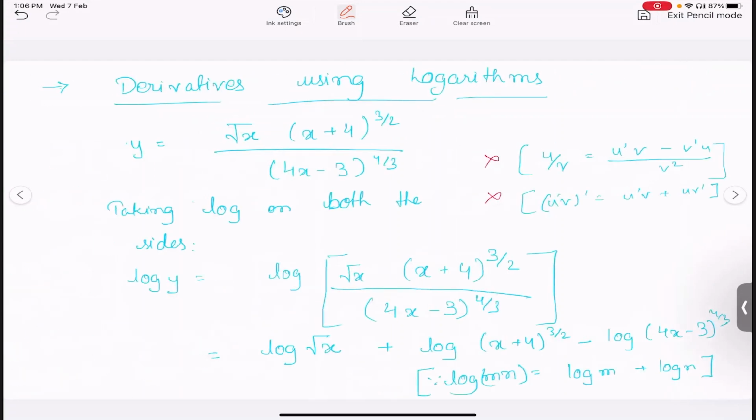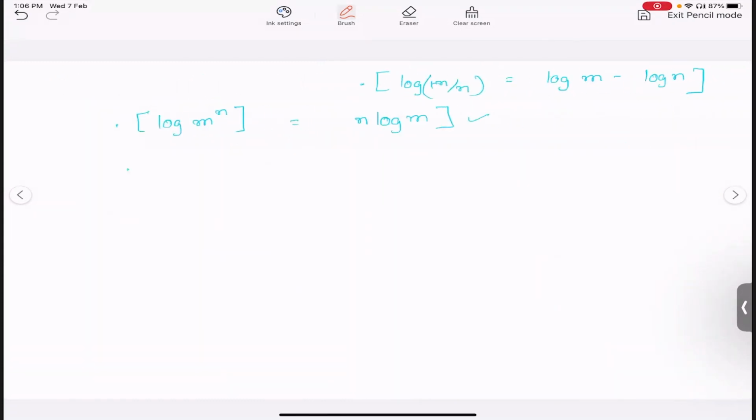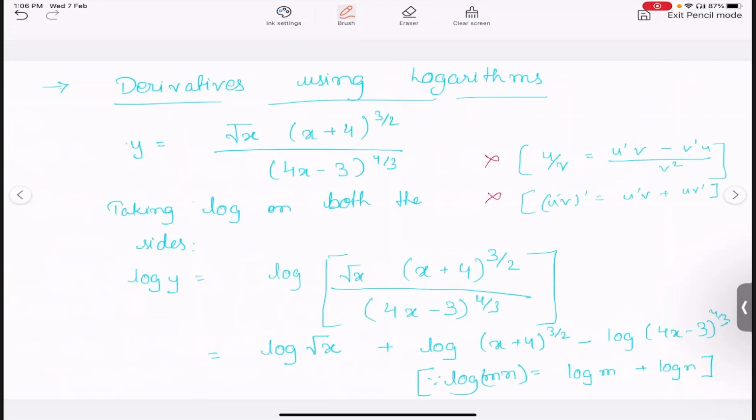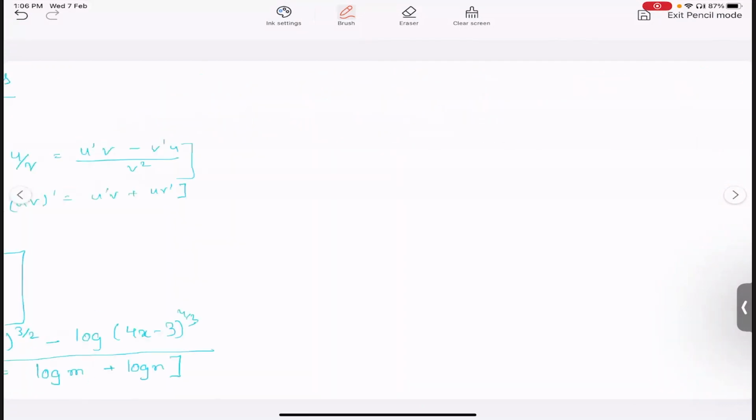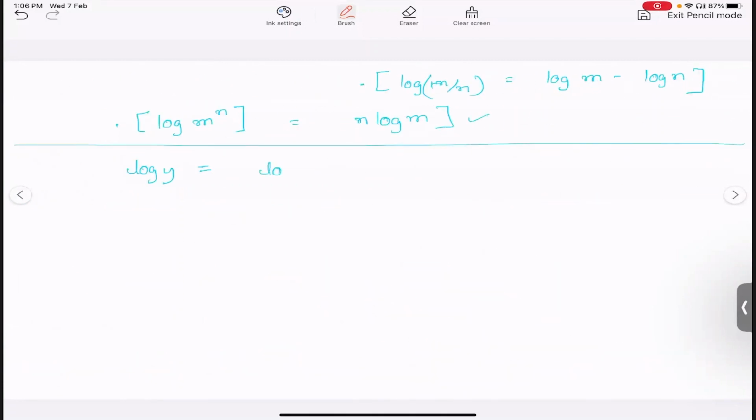Here I have written just the identities. Again, we are continuing our derivative question. So log y will be equal to log of square root of x, which can be written as x to the power 1 by 2, and we know log of m to the power n is n times log of m. So this can be written as half of log of x.